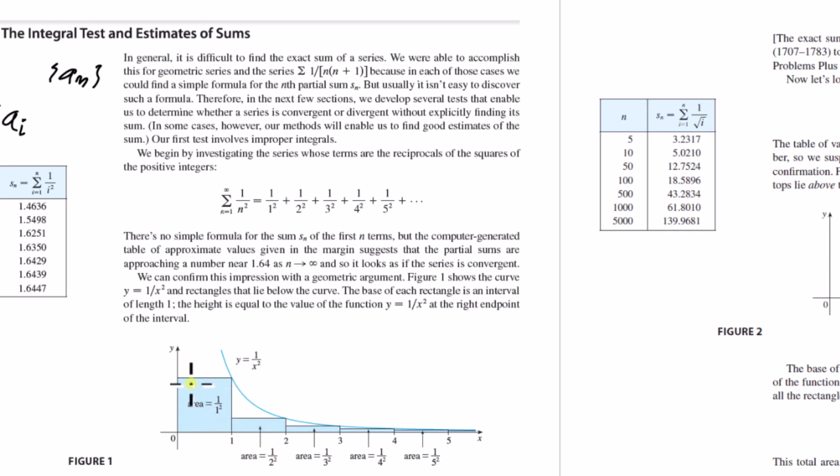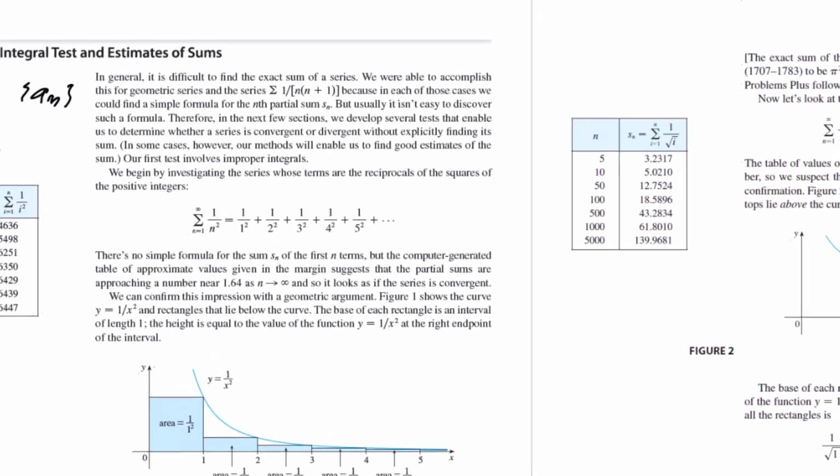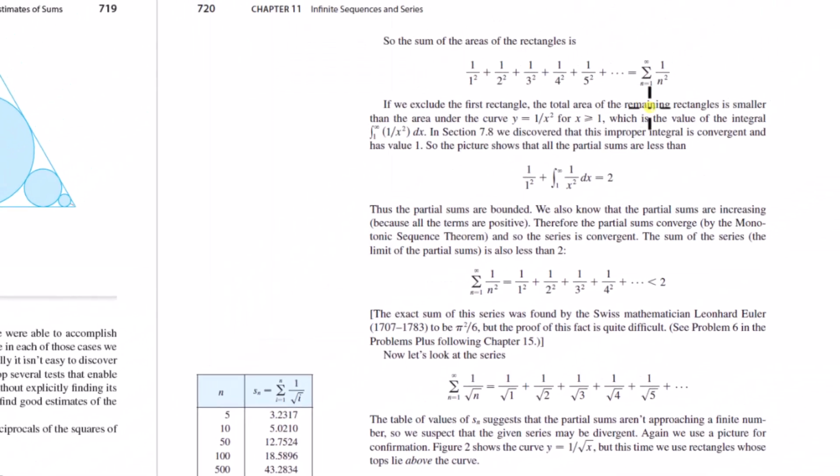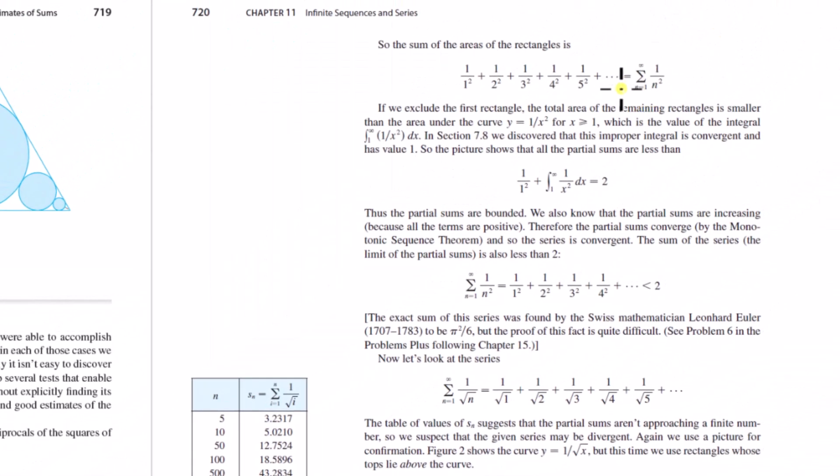So this area is 1 over 1 squared, this area is 1 over 2 squared, this area is 1 over 3 squared, 1 over 4 squared. You agree that the area of the rectangles is as shown here. That's the series we're analyzing. If we exclude the first rectangle, the total area of the remaining rectangles is smaller than the area under the curve y is equal to 1 over x squared for x greater than or equal to 1, which is the value of this improper integral.